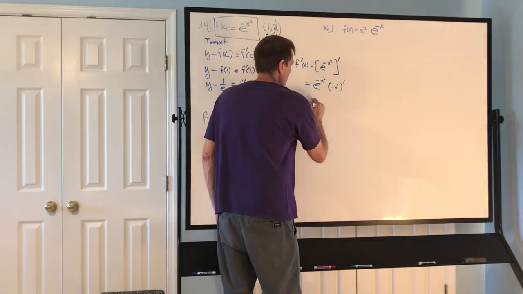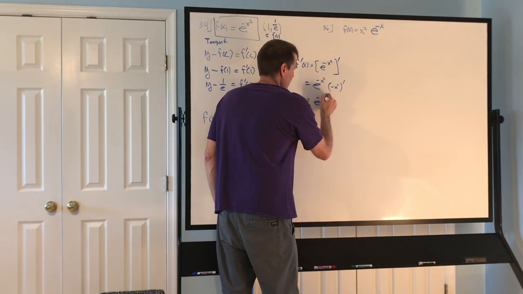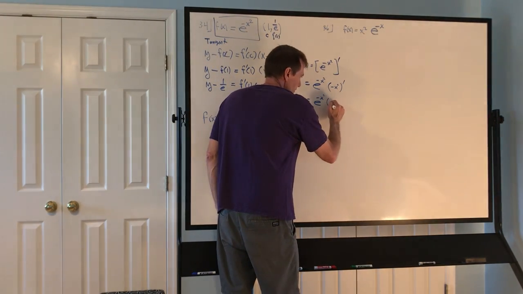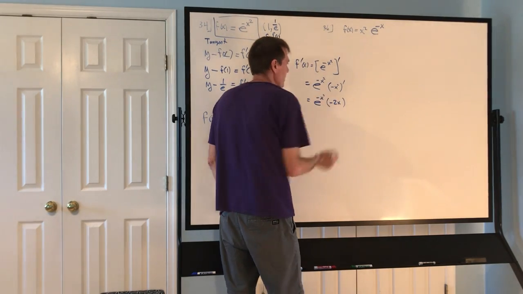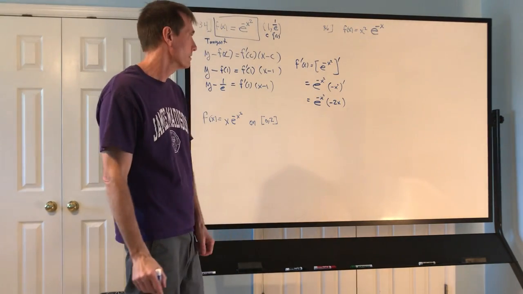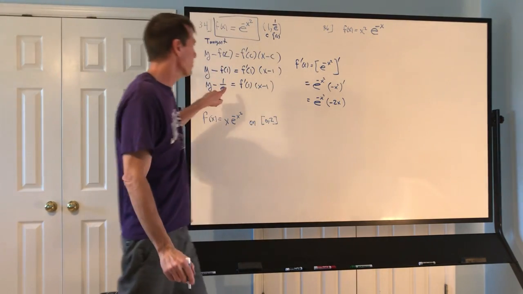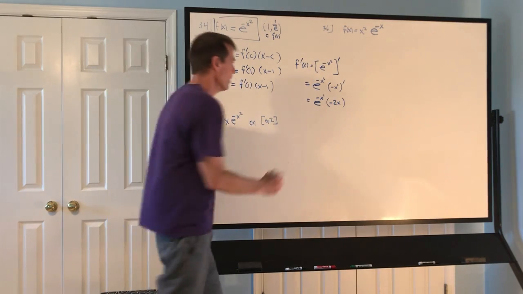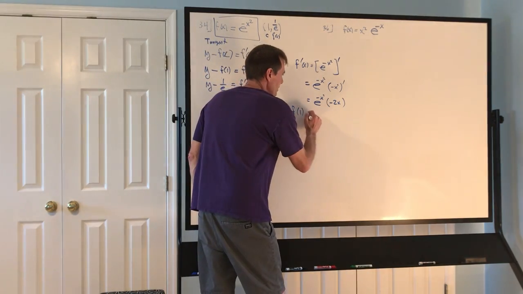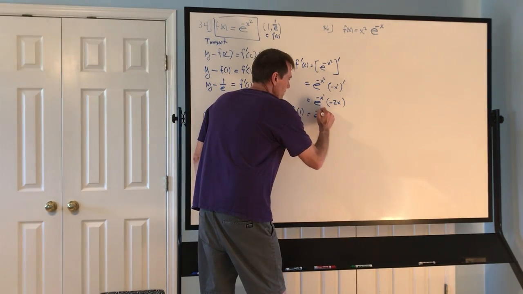Now let's look at this. This would be e to the minus x squared times the derivative of minus x squared, which is minus 2x. Now we wanted f prime not of x, but we wanted f prime of 1. So wherever I see an x, I'm going to put a 1.